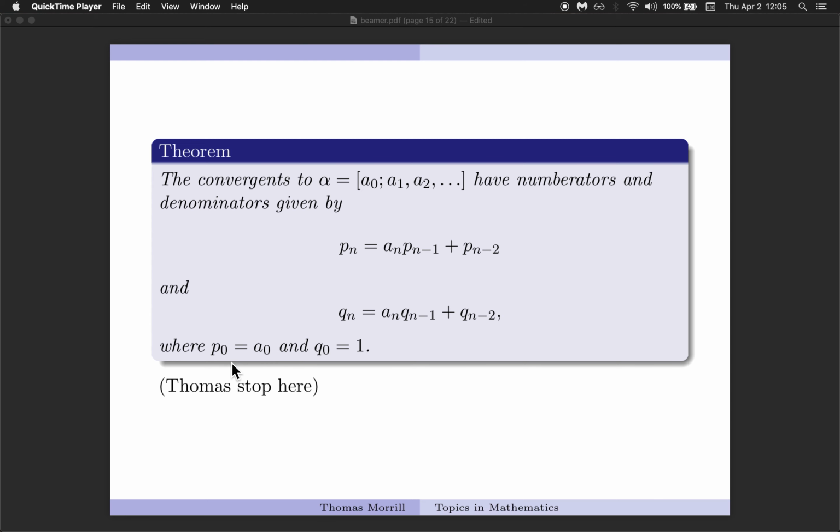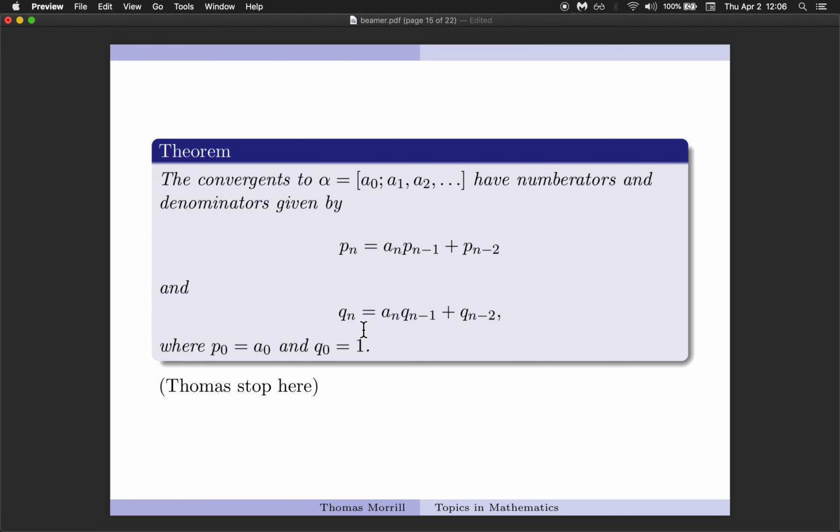to use is that your P0 and Q0 are just a0, 1. And then from there on out, to get the next numerator and denominator, your next numerator Pn is an times Pn minus 1, the previous numerator, plus your Pn minus 2, the numerator before that.